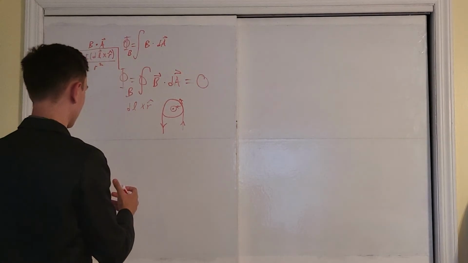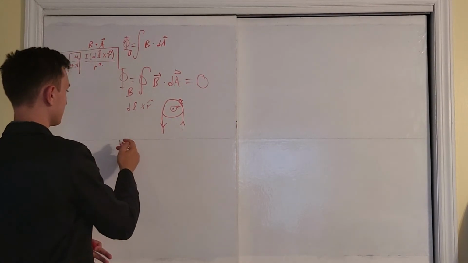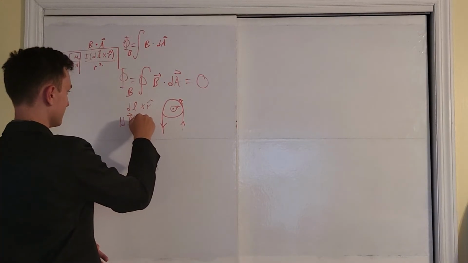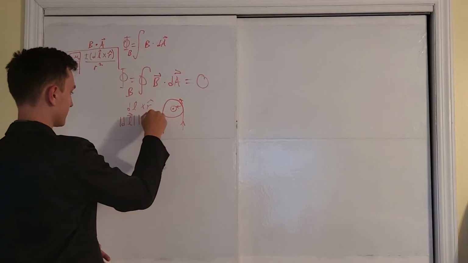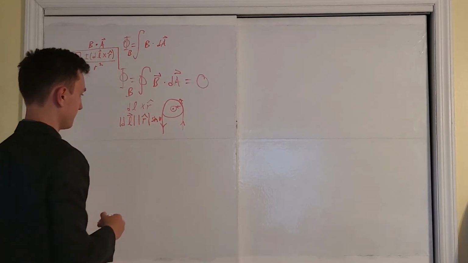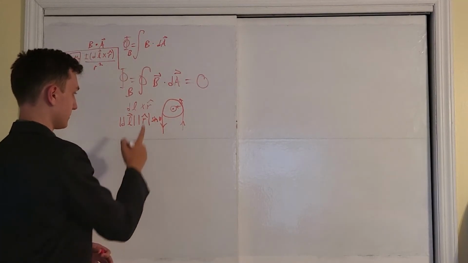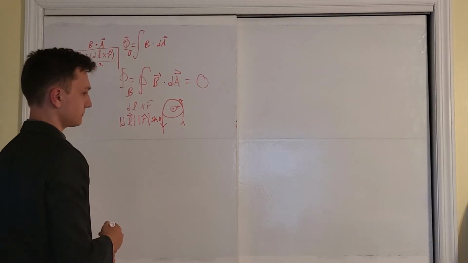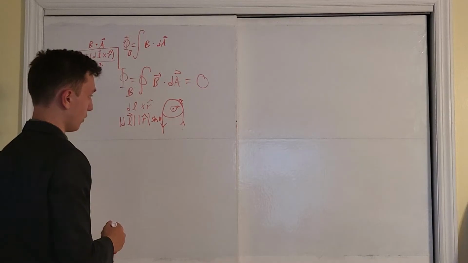And we should remember that our cross product would simplify to the magnitude of the length differential times the magnitude of the r hat vector times the sine of the angle theta, okay? In this particular case, our angle theta is 90 degrees. Sine of 90 degrees is 1.